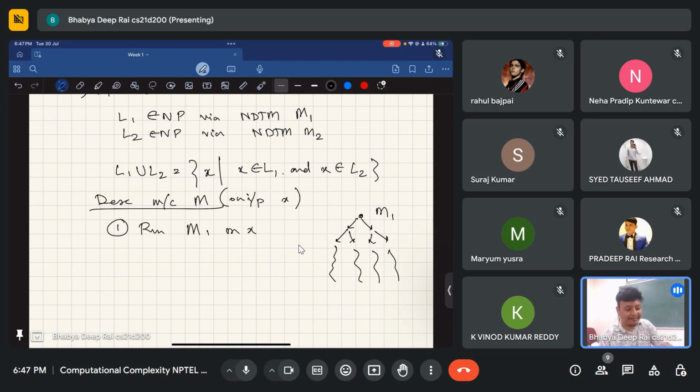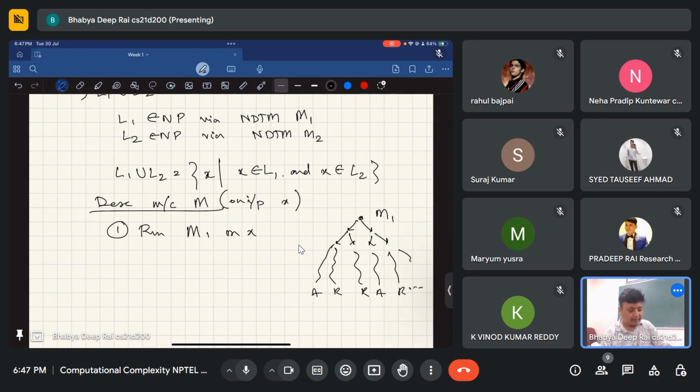And when does M1 accept? It may have accept, reject, reject, accept, reject, and so on. This time is polynomial, by definition, and the number of possible computational paths may be exponential. M1 accepts when there is at least one path which will accept.